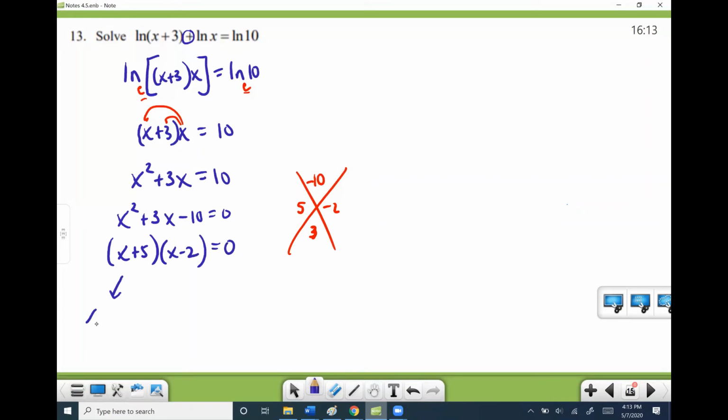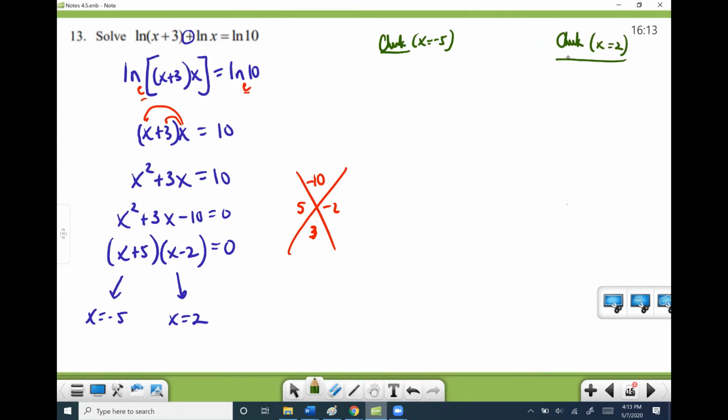So we're going to get x -5 and x +2. Okay. So now we just need to check these. So let's do checking -5. And then we'll do checking +2.